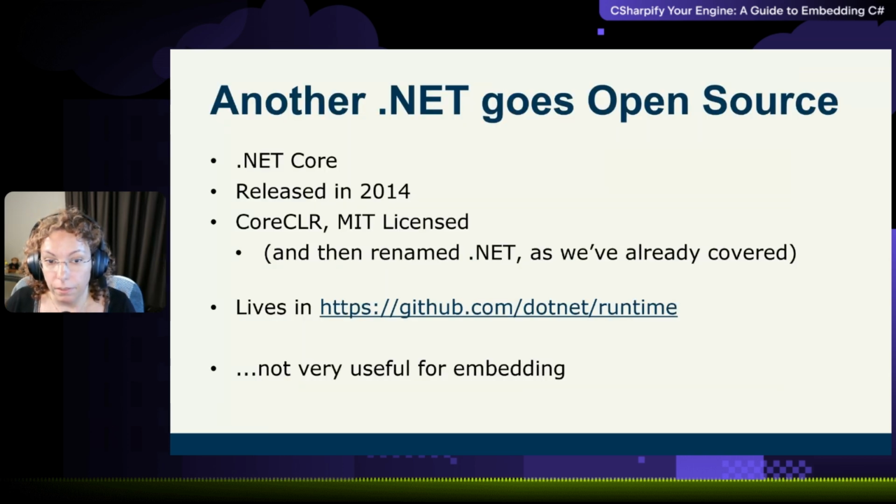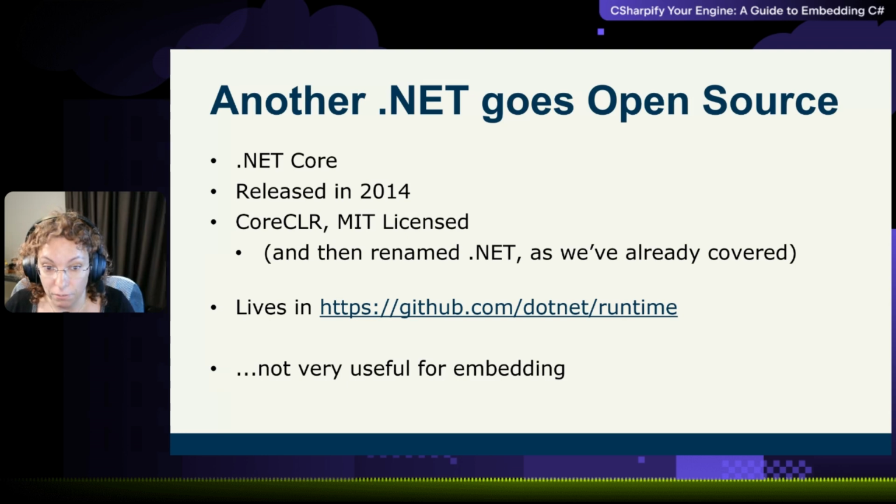And then everything went open source, and Xamarin got acquired by Microsoft, which is really nice because Mono now lives in the .NET Runtime repo, which is going to be handy for us right now as we look into how to embed this thing. .NET also went open source, but it was not made to be embedded, so it was never very useful for embedding.